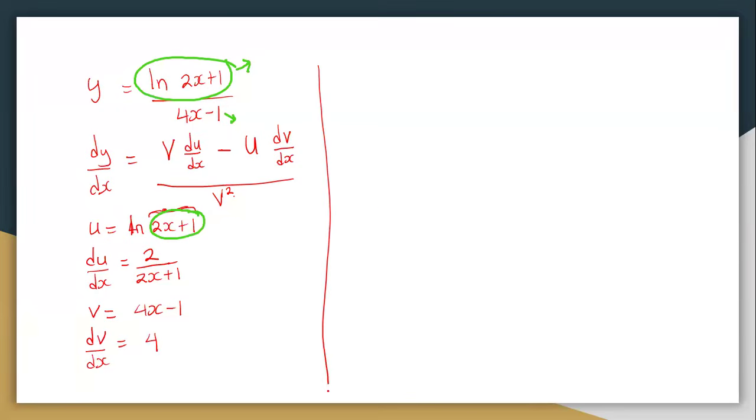Now I will apply my rule. It will be v, which is 4x minus 1, in brackets, multiplying with my du/dx, which is 2 all over 2x plus 1.